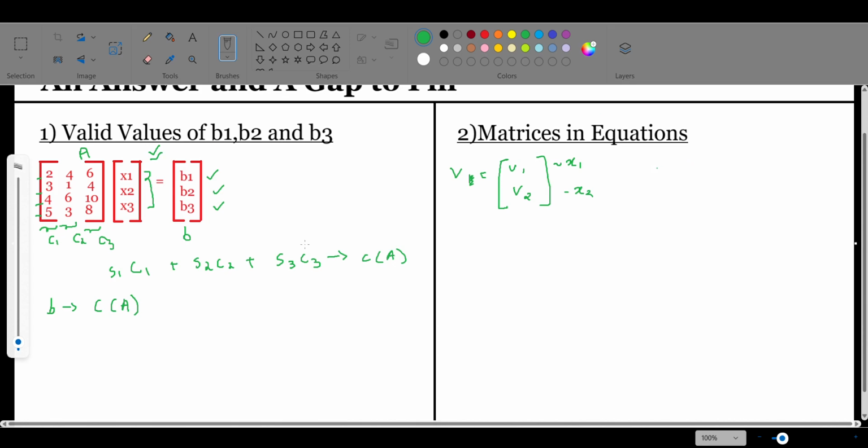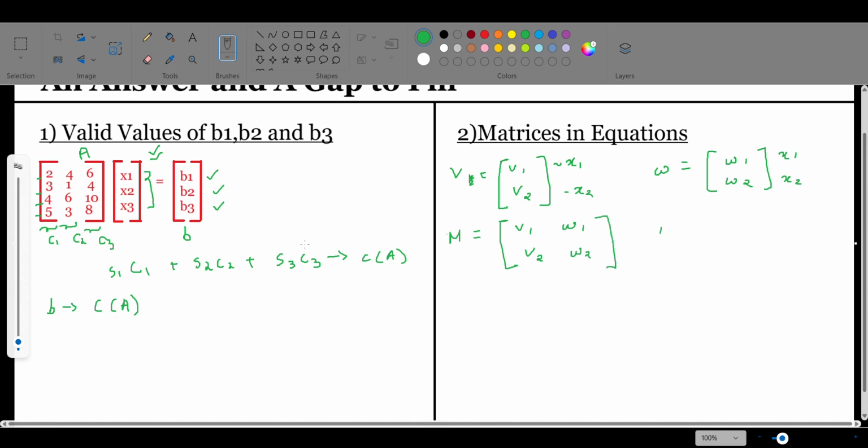And let's say there's another vector called W, which is equal to W1, W2, and similarly, W1 is the X1 component, W2 is the X2 component. Now, the thing we discussed was that if you want to join these two column vectors and represent them together, you could do that using a matrix in this form. Just put the columns one by one together, right?